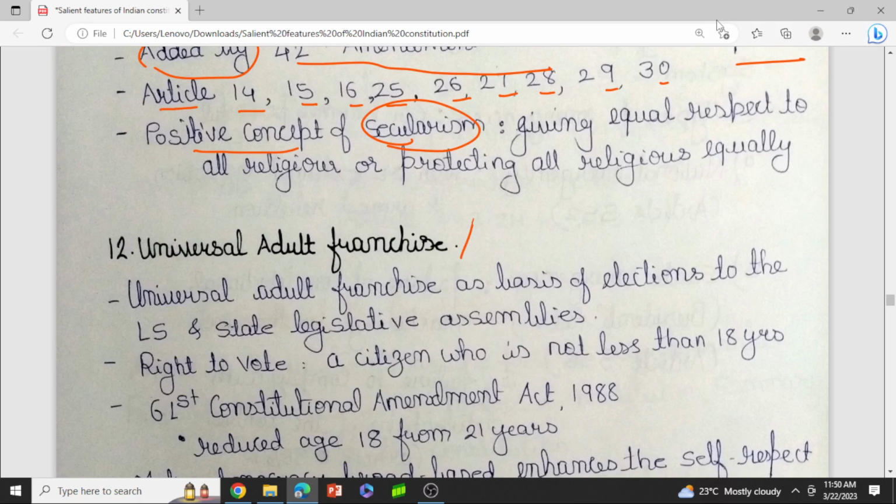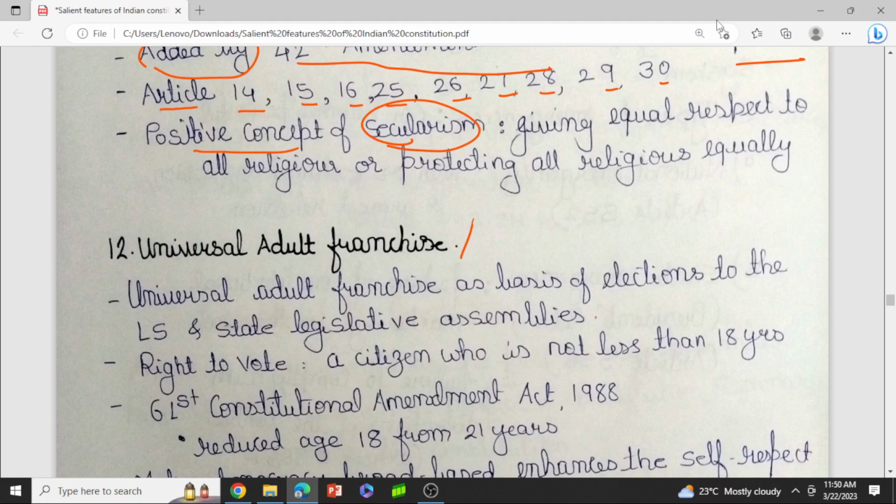This 18 years was reduced from 21 by the 61st Amendment of the Constitution in 1988. It makes democracy more broad-based, and enhances the self-respect and prestige of common people. So when I am allowed to select my own leader, it gives me a kind of prestige. Oh, I selected this leader. So it creates self-respect.